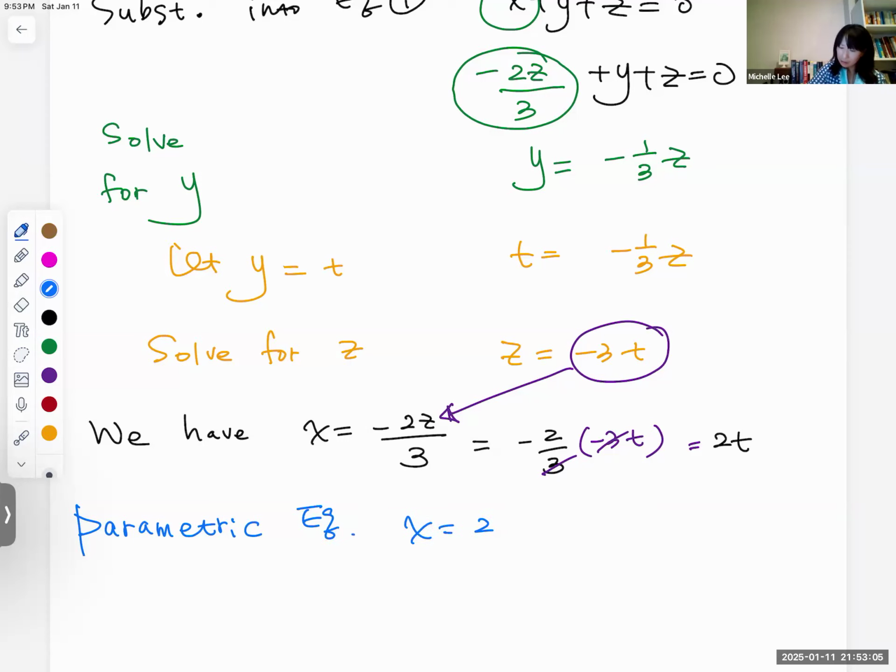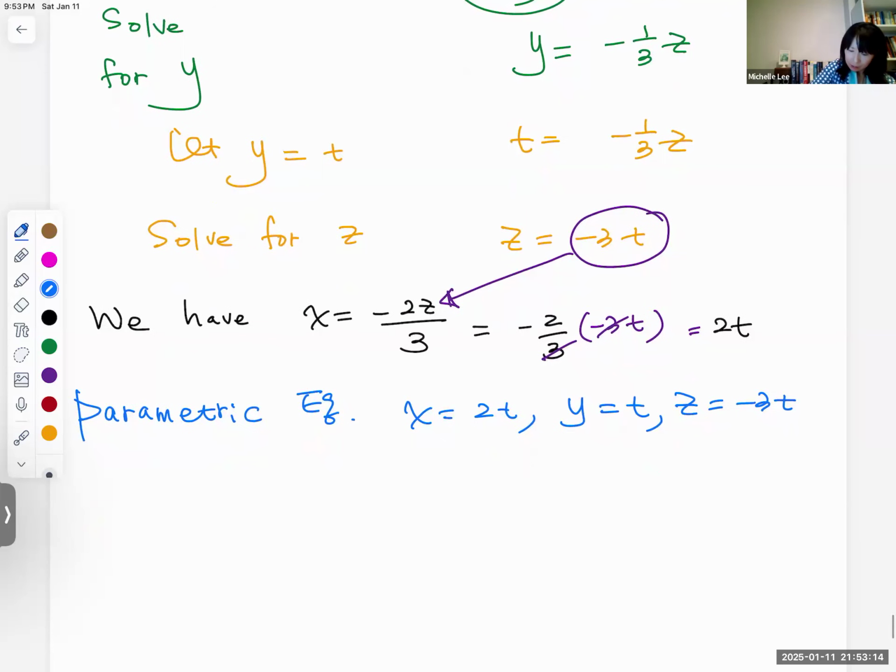And then solve for t. Then t equal to x over 2. Y equal to t just by itself. And t equal to negative z over 3.